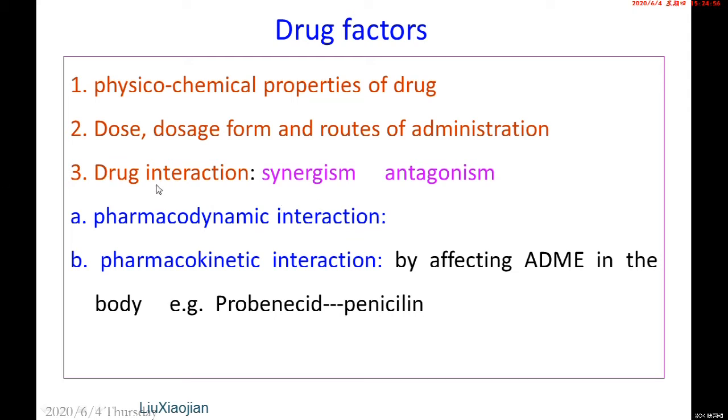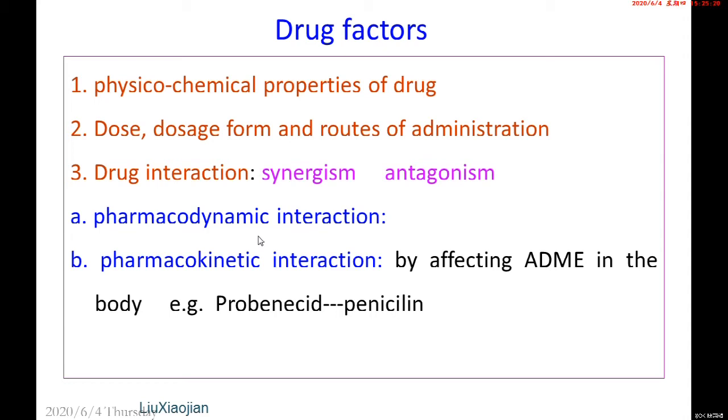And this drug interaction also includes pharmacodynamic interaction. For example, if someone is suffering from a serious bacterial infection, and the exact bacteria is not clear.